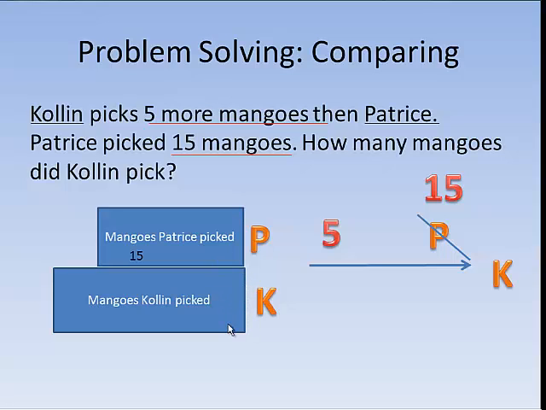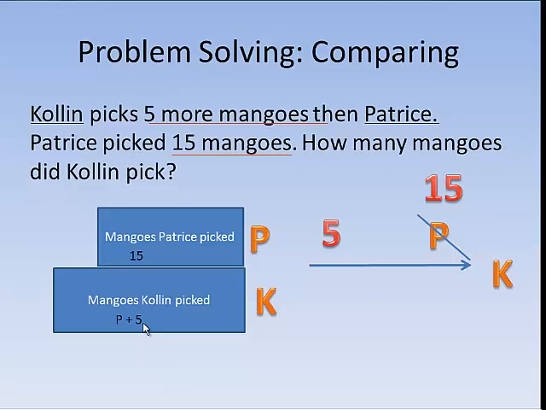This box tells us how many mangoes Colin picked. And our first sentence says that he picks 5 more mangoes than Patrice, and that is represented by P plus 5. Another way to write it is 5 plus P.